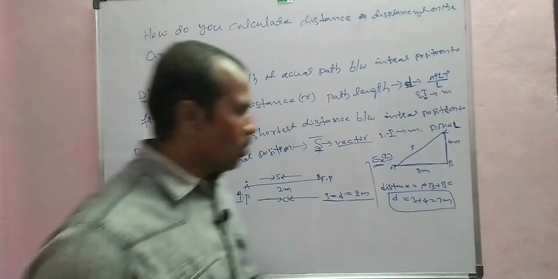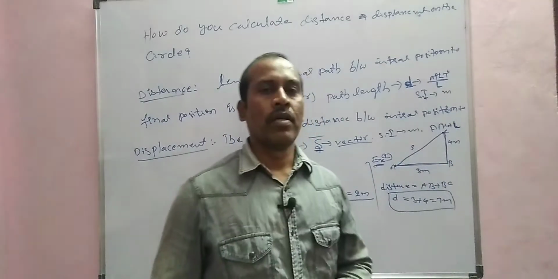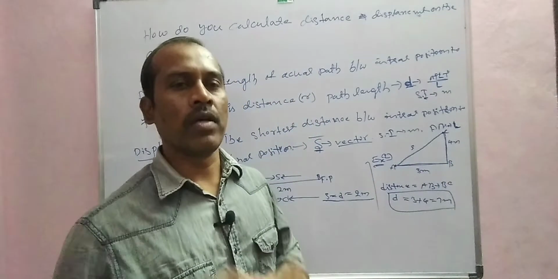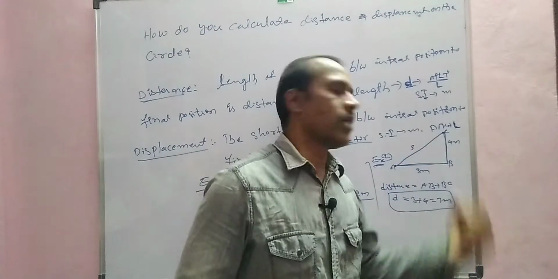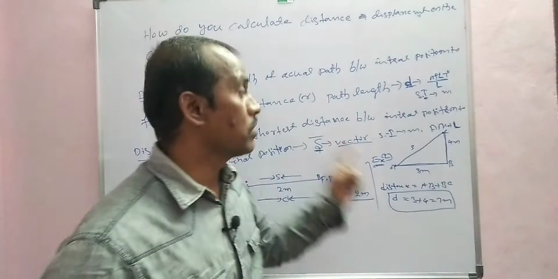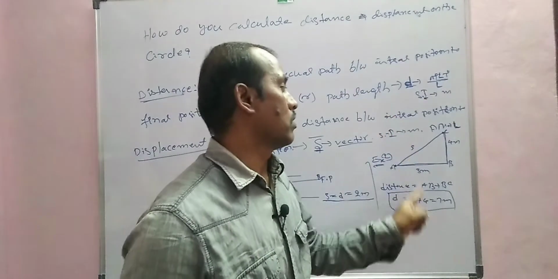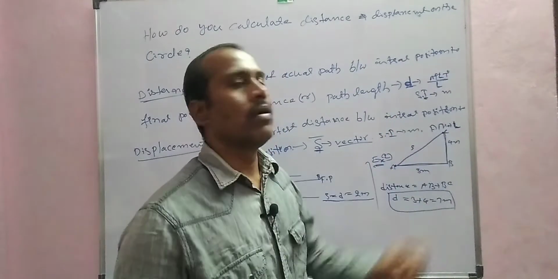But how do we calculate the displacement of the person in this position? The magnitude is the straight line from the initial position to the final position.